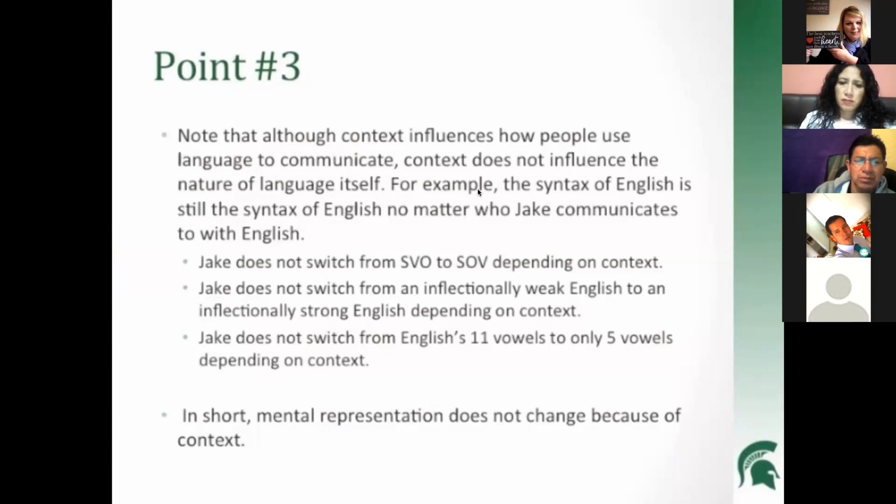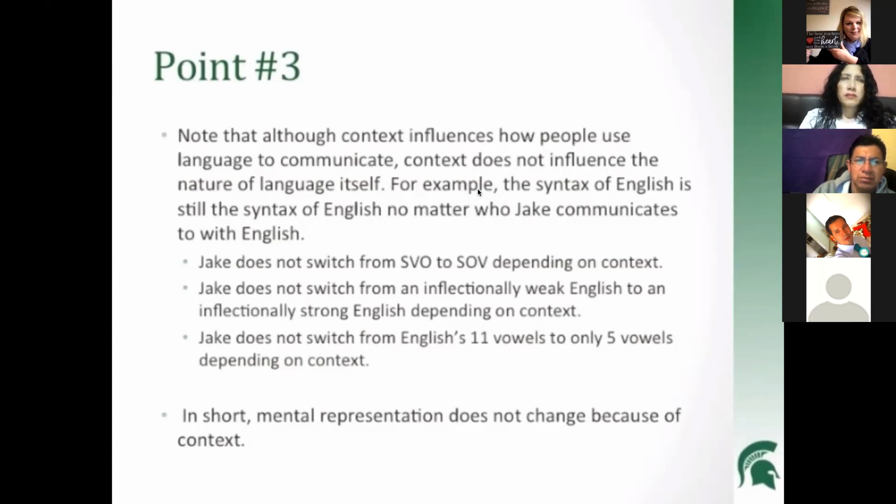So let's go back to look at English, for example, and examples with Jake from the previous slide. The syntax of English will always be the syntax of English, no matter who Jake communicates with. So, for example, Jake does not switch from a subject-verb-object language to a subject-object-verb language, depending on context. English is always a subject-verb-object language.